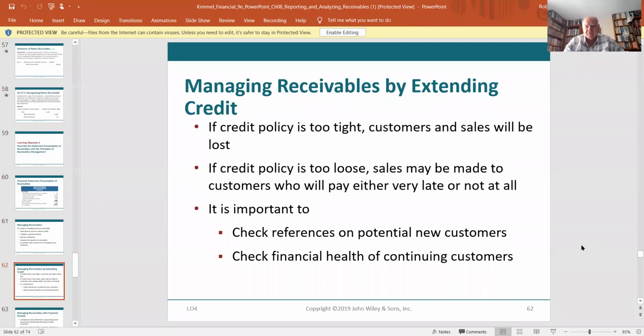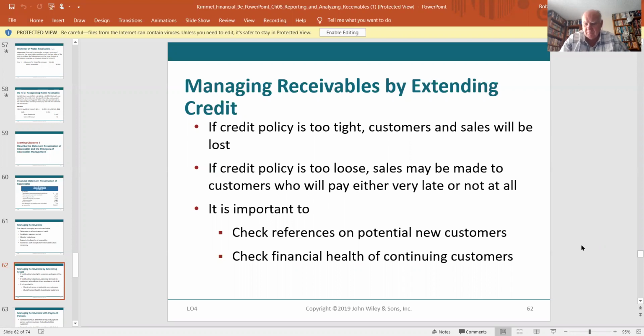If the credit policy is too tight, you're going to lose sales. If it's too loose, you're going to have people not paying at all. Believe it or not, companies want to have some bad debt expense. Lori, say you have a company that is worth $1 million, and my company's worth $1 million, and we're competitors in the same general industry. I have a strict policy this year. I am not going to sell to anybody unless I know they're going to pay me. So I'm only going to sell to IBM and big companies that I know can pay.